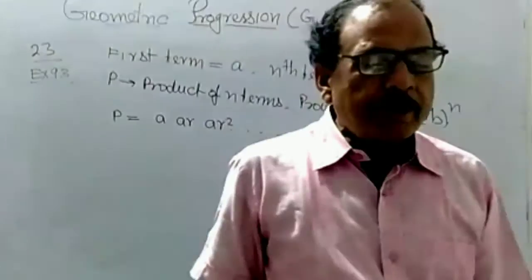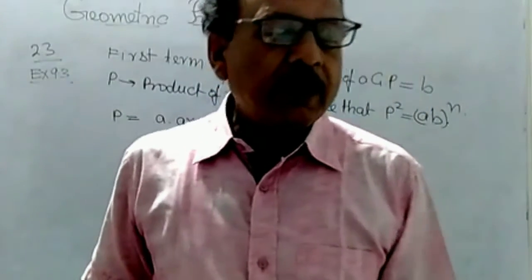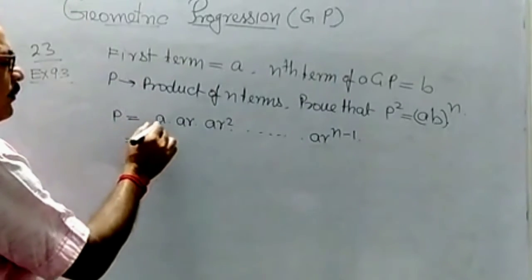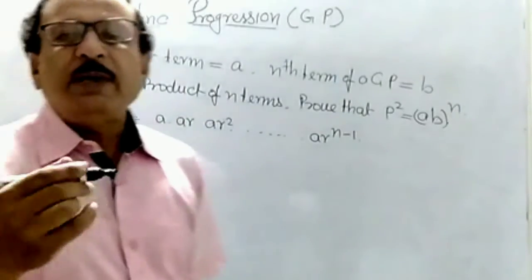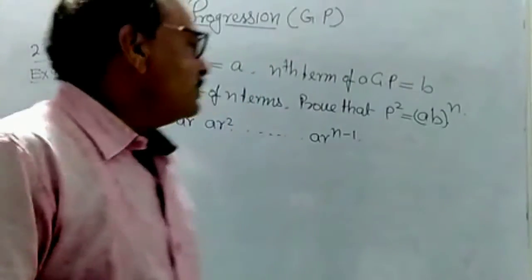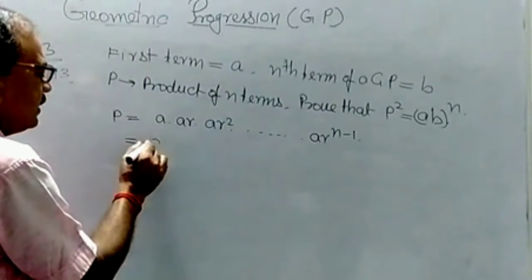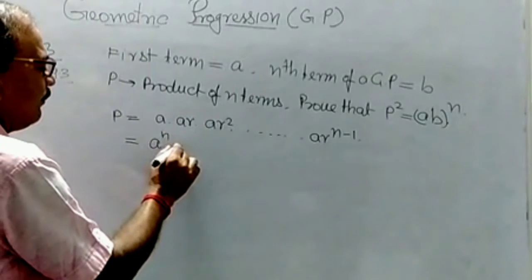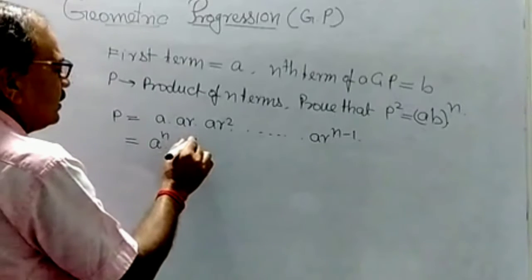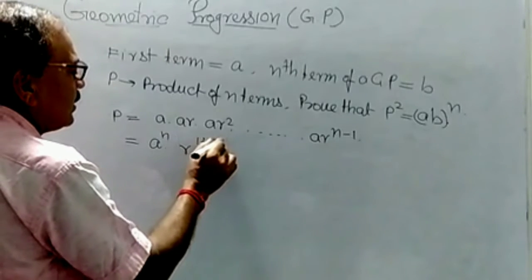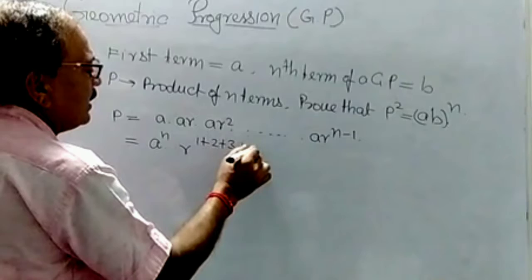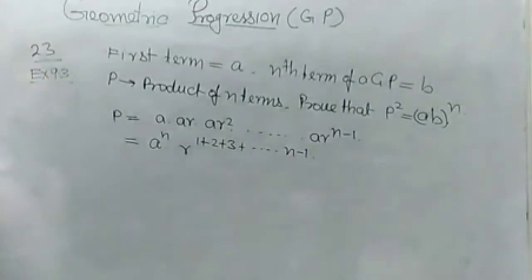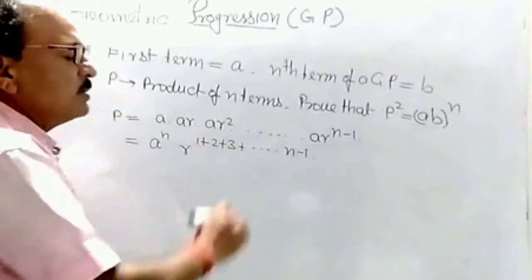Here we see A into A into A, n times, so therefore this will be A to the power n, and for R, the product of R gives 1 plus 2 plus 3 and so on up to n minus 1.